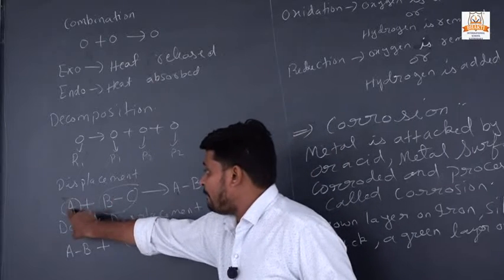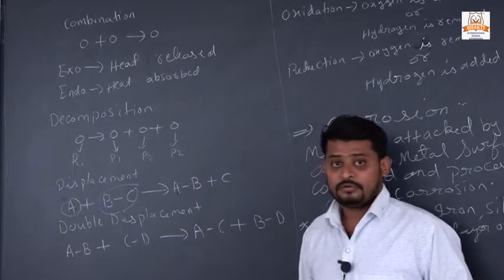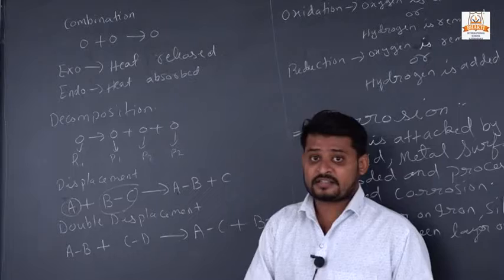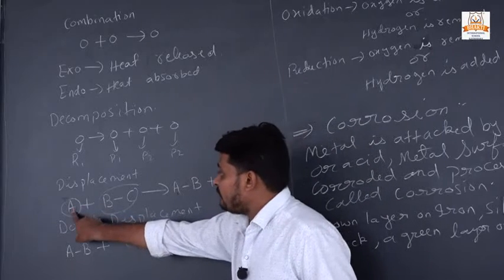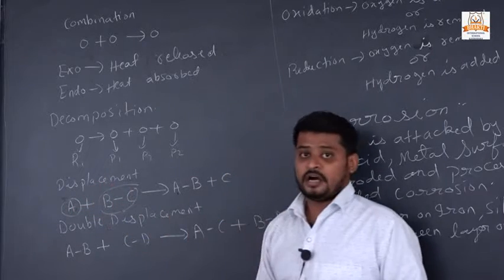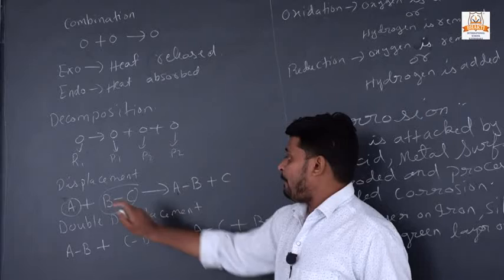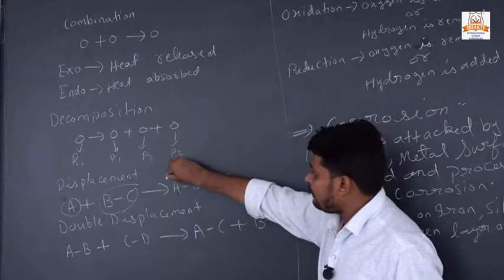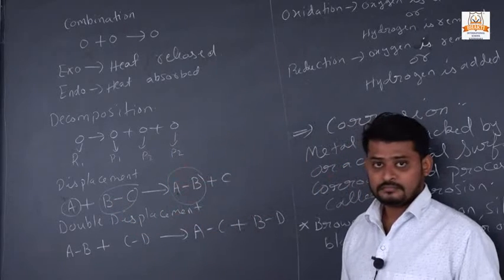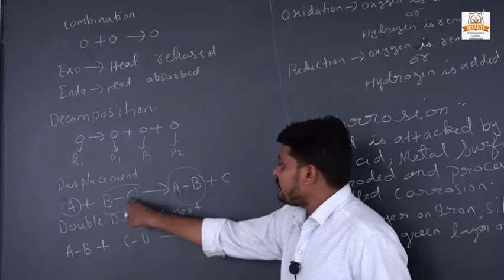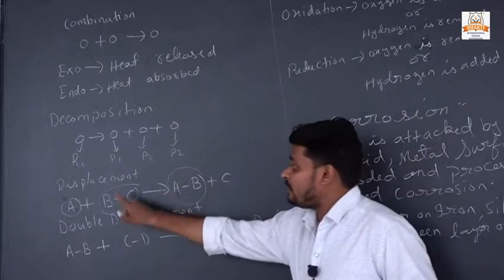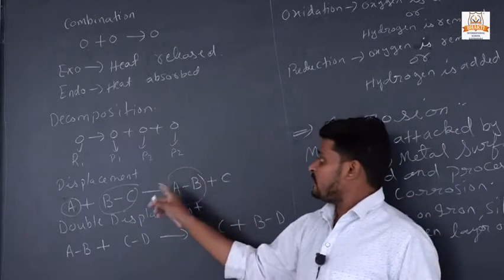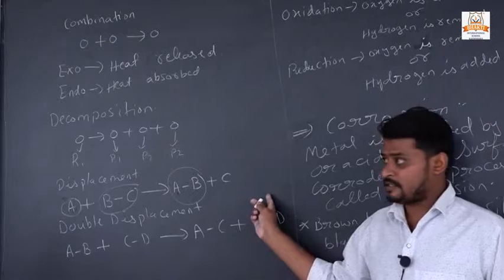When we react a metal with compound, that metal will join the other metal that was in the compound, means A joins with B and C is separated from that compound. Understand? This is called displacement reaction.